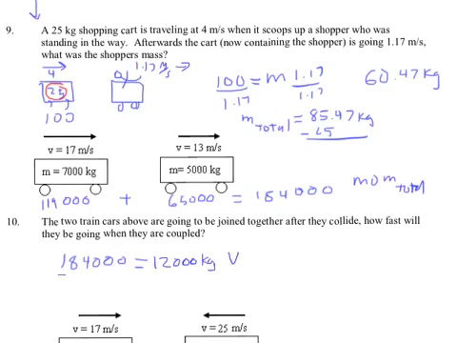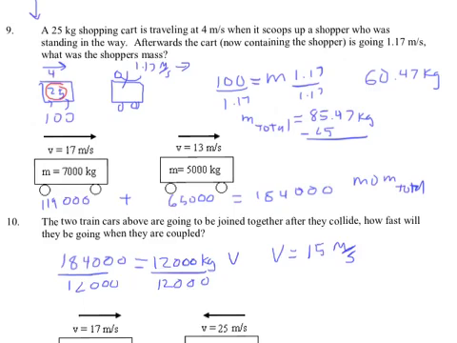So I'm going to divide both sides by 12,000. And what I find is that the V total for the joined cars is 15 meters per second.